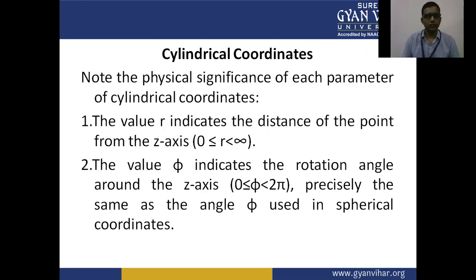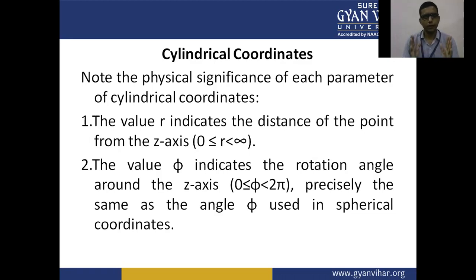The physical significance of each parameter of the cylindrical coordinate system is that r is the distance from the z axis in the cylinder, and it varies from 0 to infinity, or sometimes if we are using a unity radius, then r varies from 0 to 1.